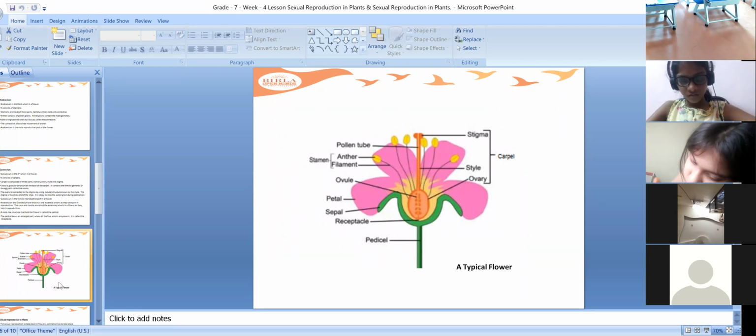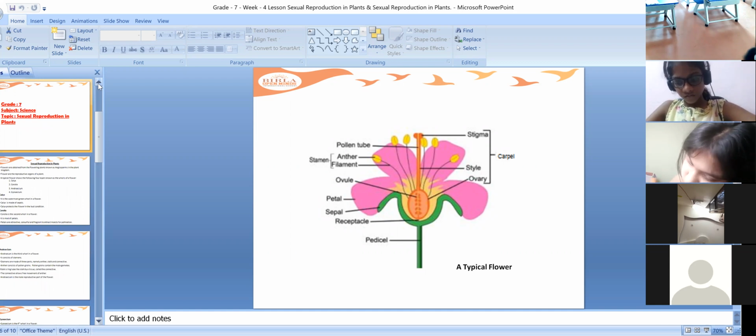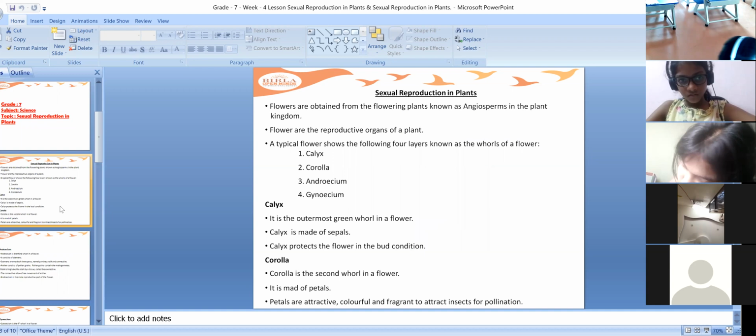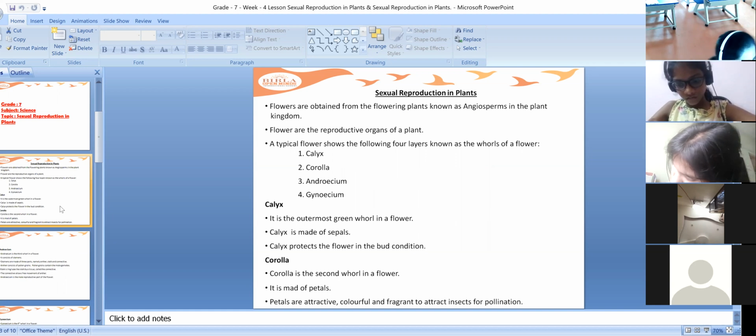Now if you see the first one, calyx, it is the outermost green whorl in a flower. Calyx is made up of sepals. Calyx protects the flower in the bud condition.